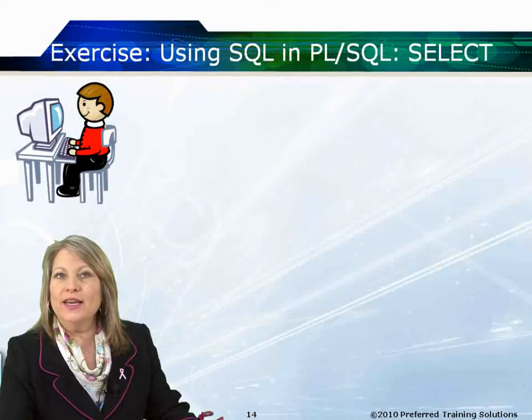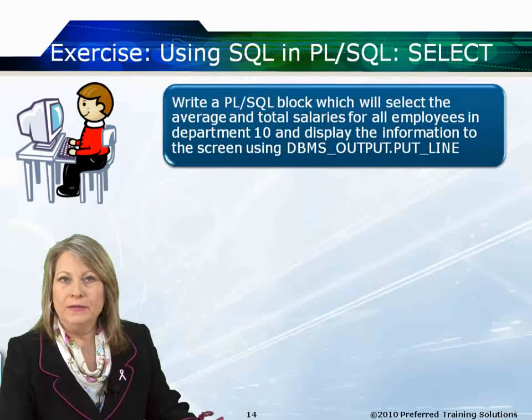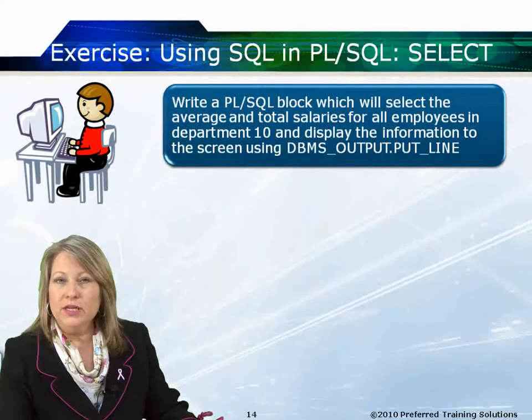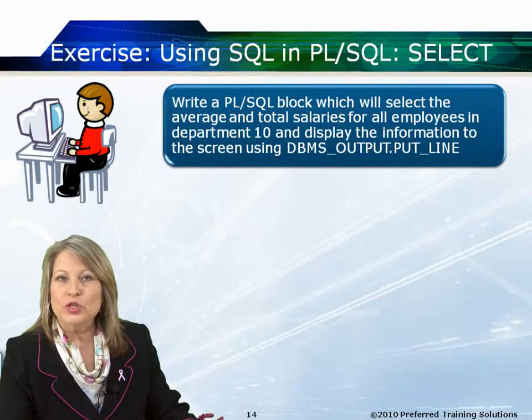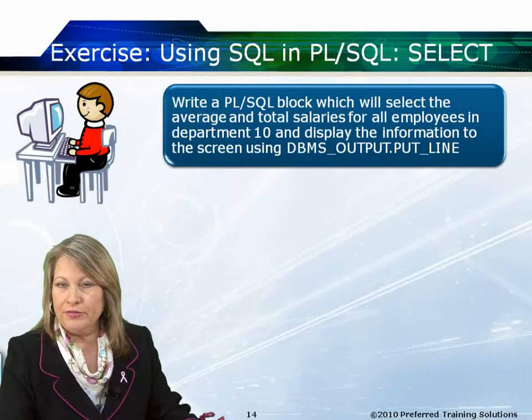Now let's take a look at an exercise using SQL and PL/SQL blocks. What we'd like you to do in this exercise is to write an anonymous PL/SQL block which will select the average and the total salaries for all employees in Department 10.